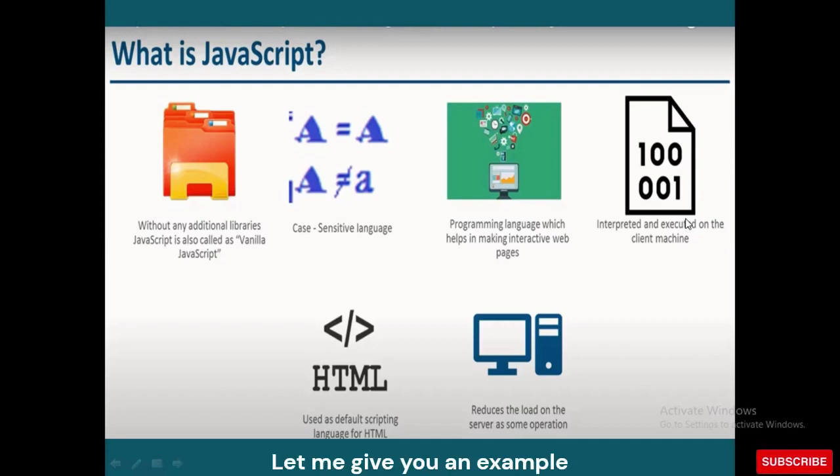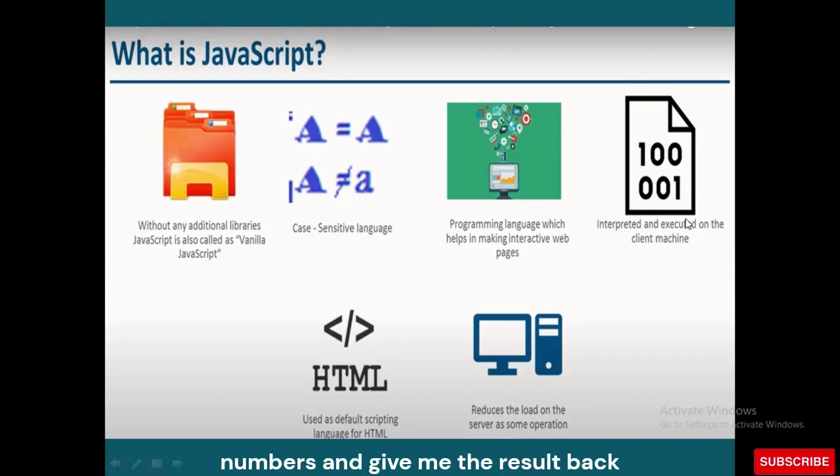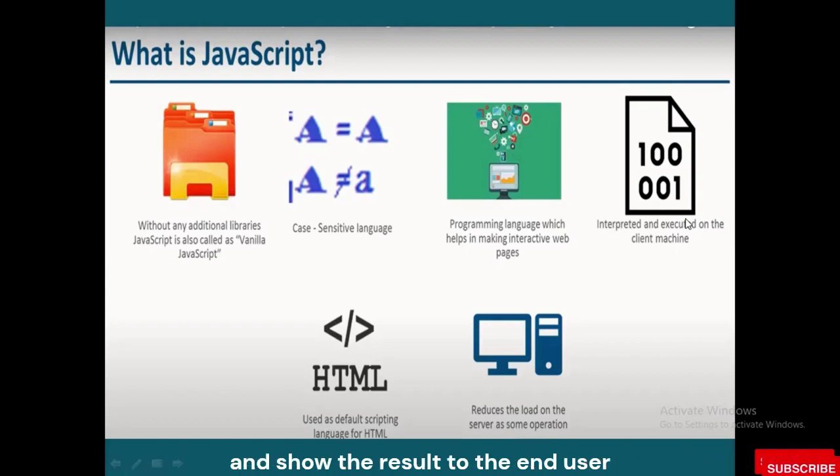Let me give you an example. You have a web page which takes two numbers and gives you their summation. If you have this data, you need not go to the server and tell it to please add these two numbers and give the result back. JavaScript is a client-side language which can take these two values, calculate, and show the result to the end user.